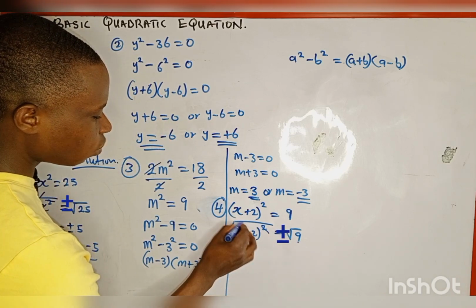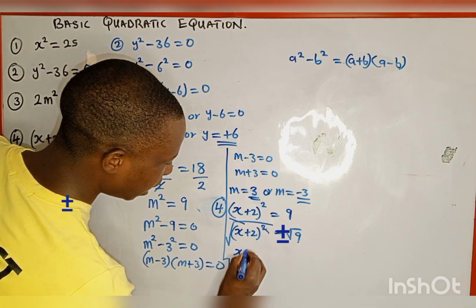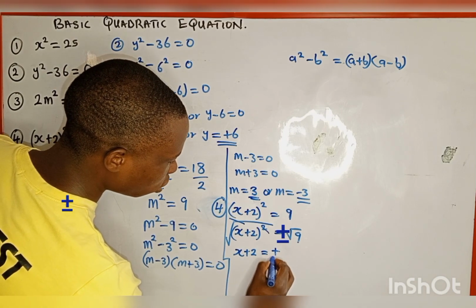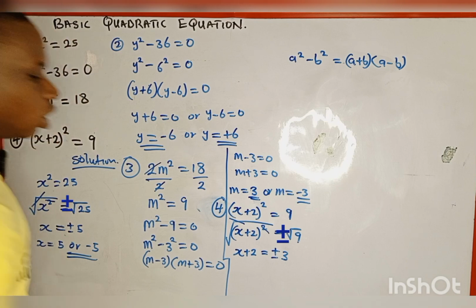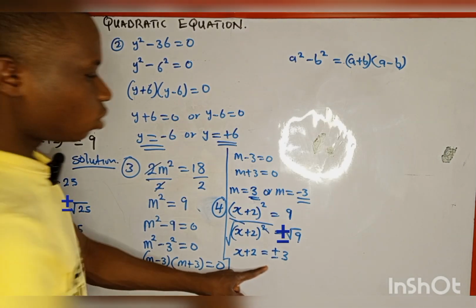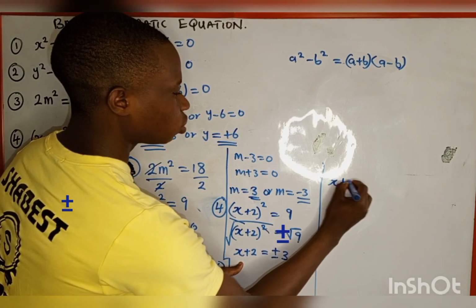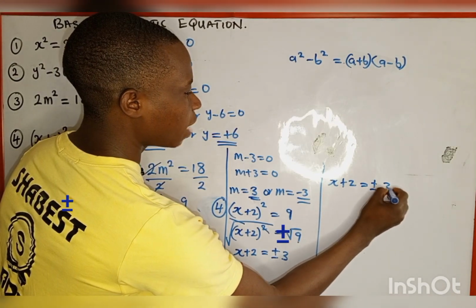So this square will cancel this square root. We are going to have x plus 2, which is equal to the square root of 9, which is plus or minus 3. So x plus 2 is equal to plus or minus 3.